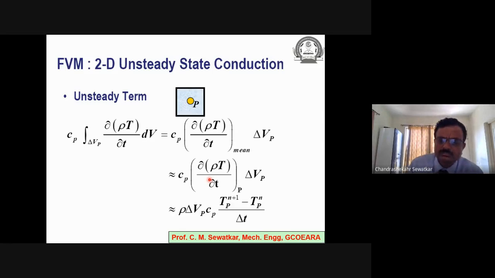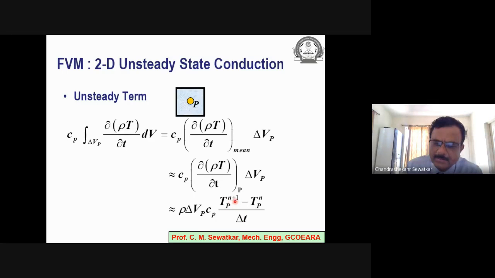So rho is assumed to be constant, and is taken out of the derivative sign. Then rho delta Vp Cp, this delta Vp is taken out to this side. Rho delta Vp Cp into Tp at n plus 1 level minus Tp at nth level divided by small delta t.